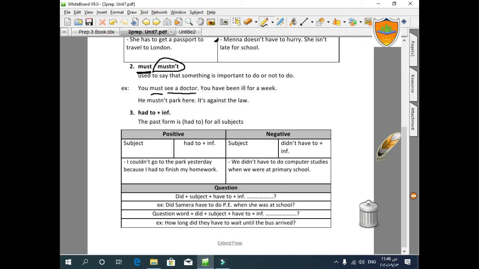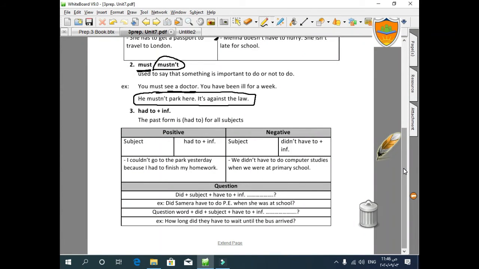You may die. So I warn you and advise you strongly to go to a doctor. But let's read the next example. He mustn't park here. It's against the law. If he insisted and parked in this place, his car may be taken by the police.